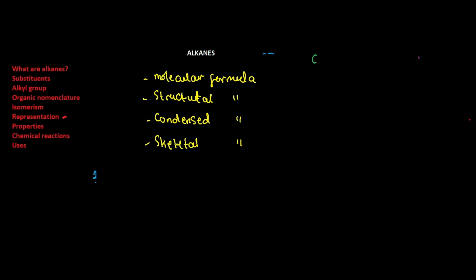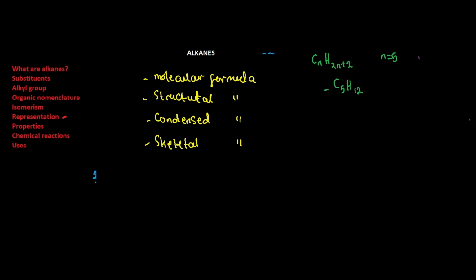Now since we have already established that the general formula for the alkane is CnH2n+2, let's take n equals 5. For n equals 5, we would have the molecule C5H12.